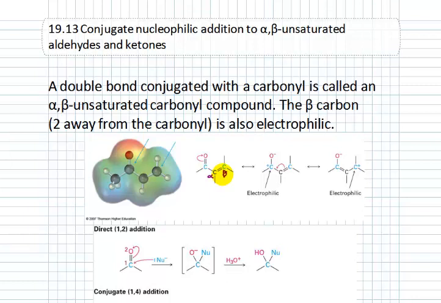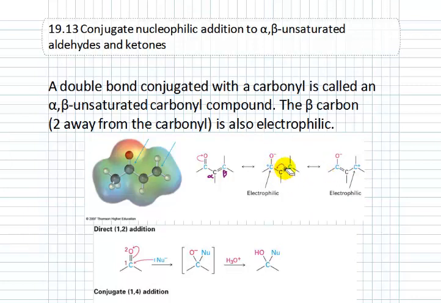So if it is alpha-beta unsaturated, that means there's a double bond that is conjugated in with the carbonyl. Okay? And in a normal carbonyl, it's polarized with an O- and a C+ as a resonance structure, but there's another resonance structure when we have alpha-beta unsaturated.